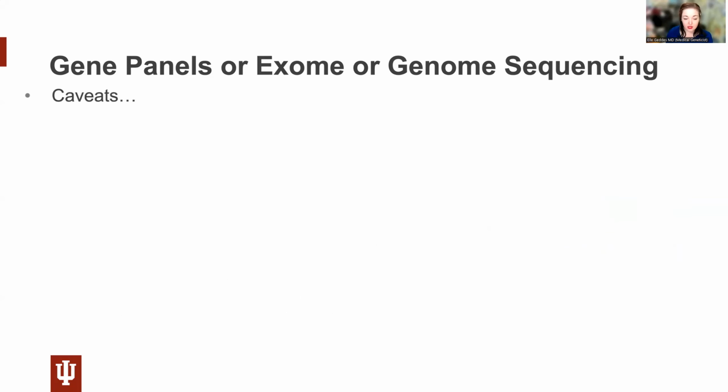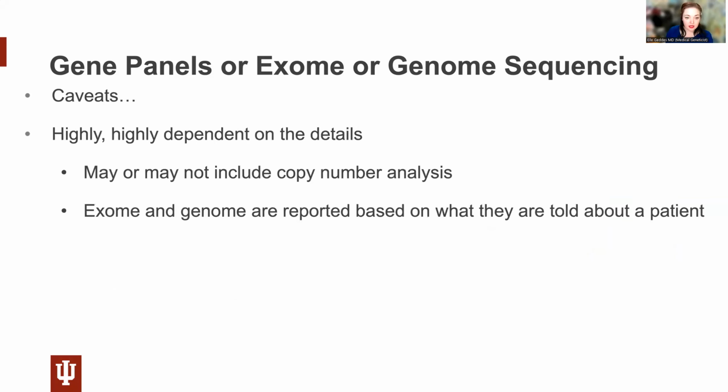And so some of the caveats to this testing is that it's highly, highly dependent on the details. So each panel or even each exome, depending on when and where it was run, may or may not include copy number analysis. So if you had an exome or a genome with copy number analysis, you don't need a microarray.